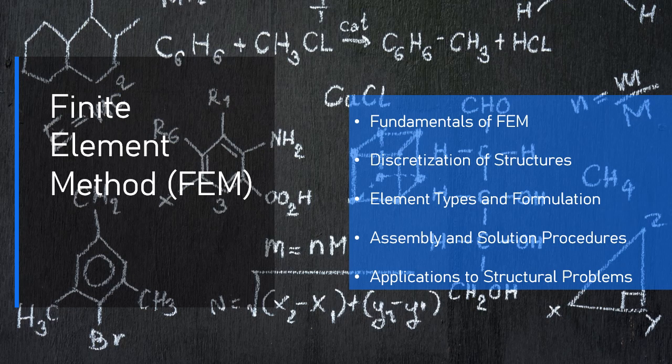For example, in a truss element, the axial stress can be computed using Hooke's law, sigma equals F over A, where F is the internal axial force, and A is the cross-sectional area. Similarly, for more complex elements, like beams or shells, the strain and stress can be derived from the displacement gradients.